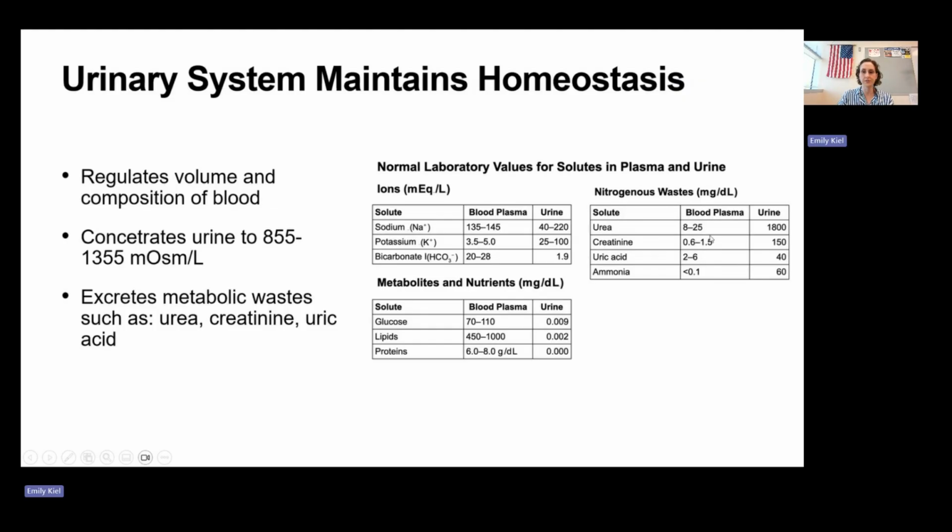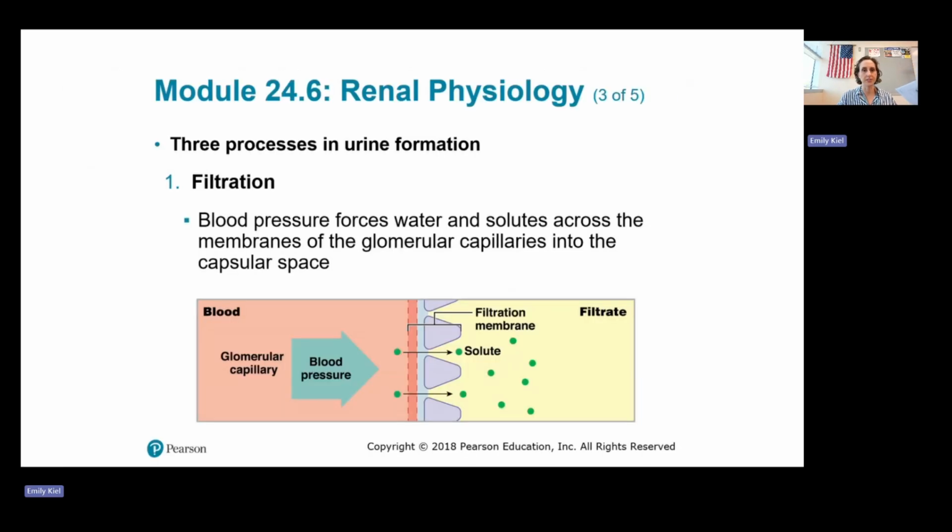And then you've got lots of different nitrogenous wastes. You've got your urea that comes from the ammonia. Notice that there is a very low ammonia level in the plasma. There's a higher level in the urine. But if we can convert ammonia to urea, we can have a little bit more in the blood, but we can have a lot that leaves in the urine. I think those are the big things for us to be aware of in urine homeostasis.